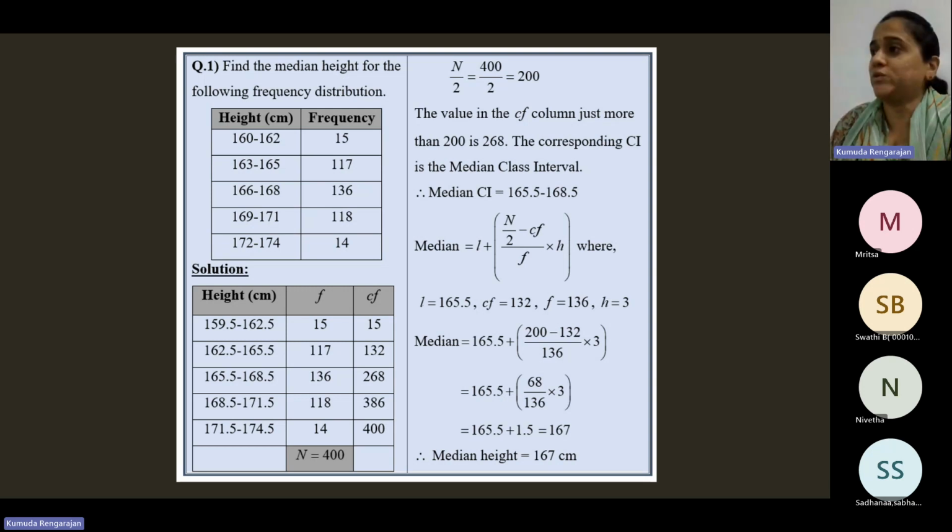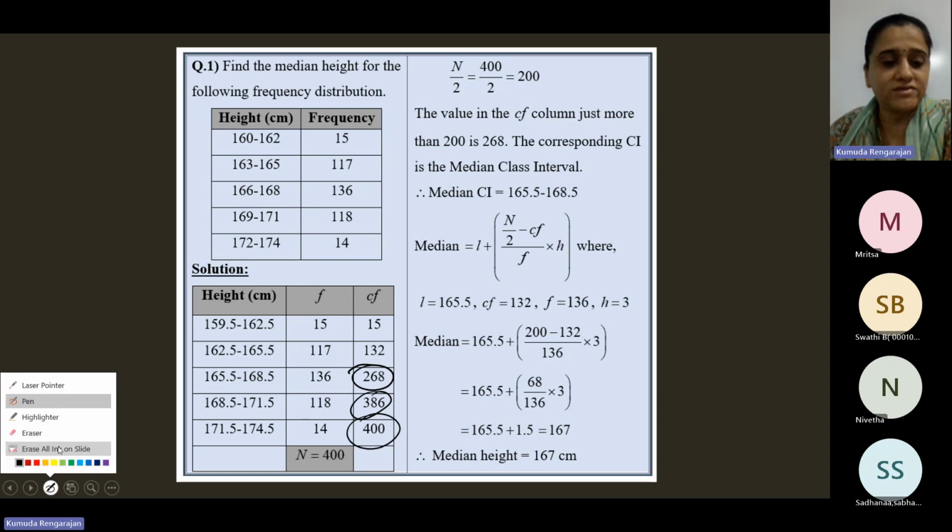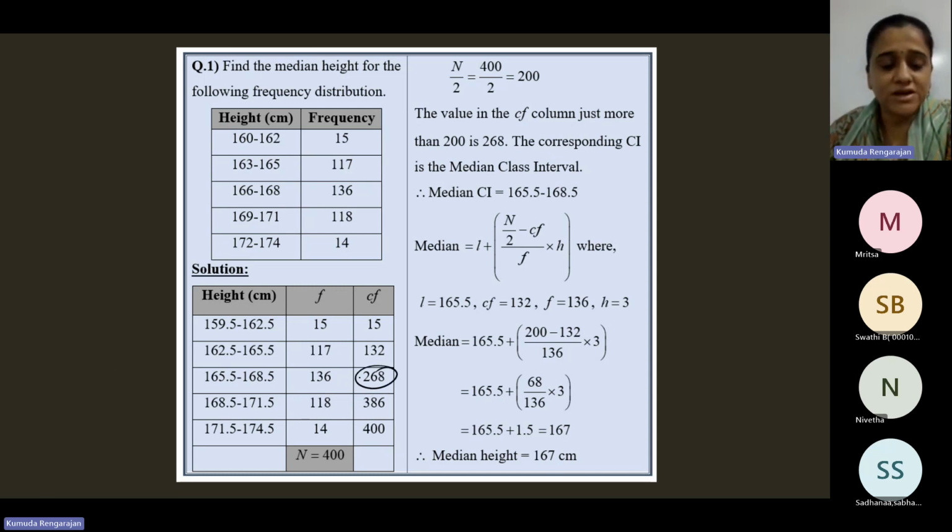If it is equal also, not that, just more than that. So just more than that is 268. This is also more, this is also more, but just more than 200 is 268.